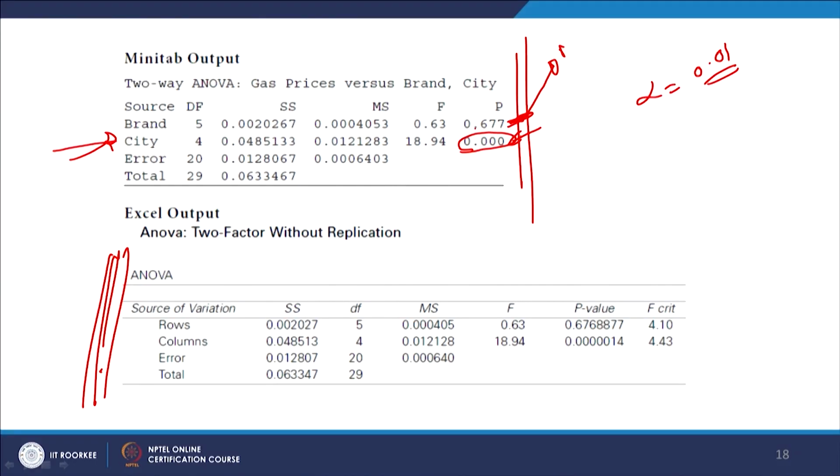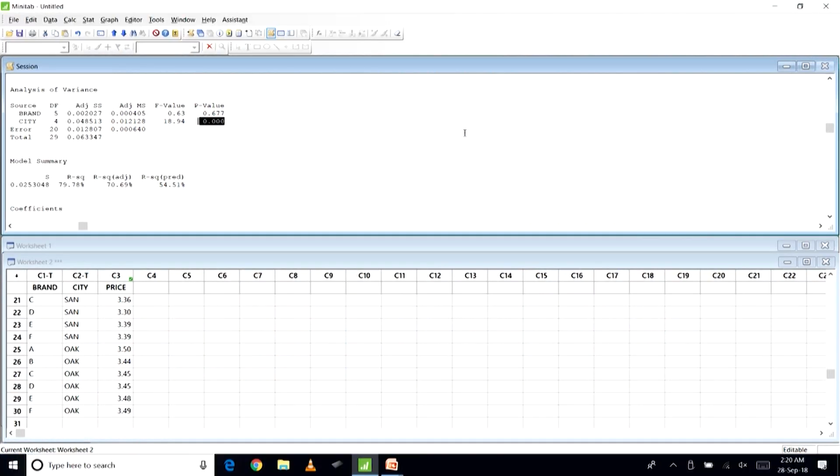Just see, it is 0.667 and 0, right. So, you will reject the null hypothesis and say that there is a significant difference in price as far as cities are concerned, but there is no difference in price as far as brands are concerned.